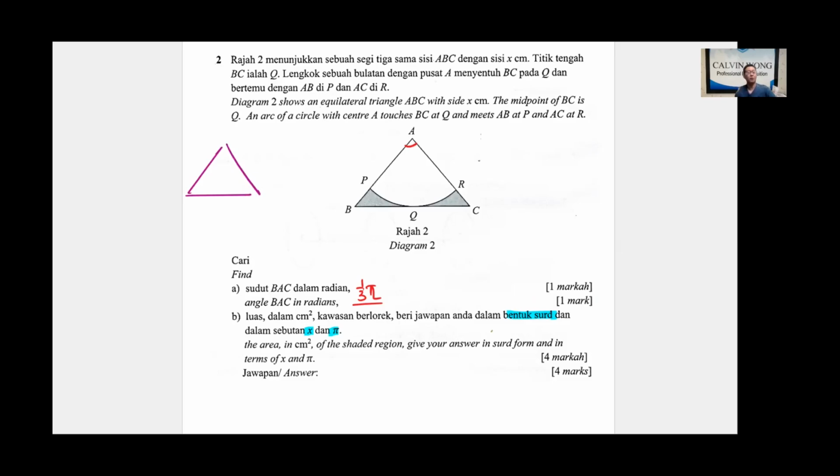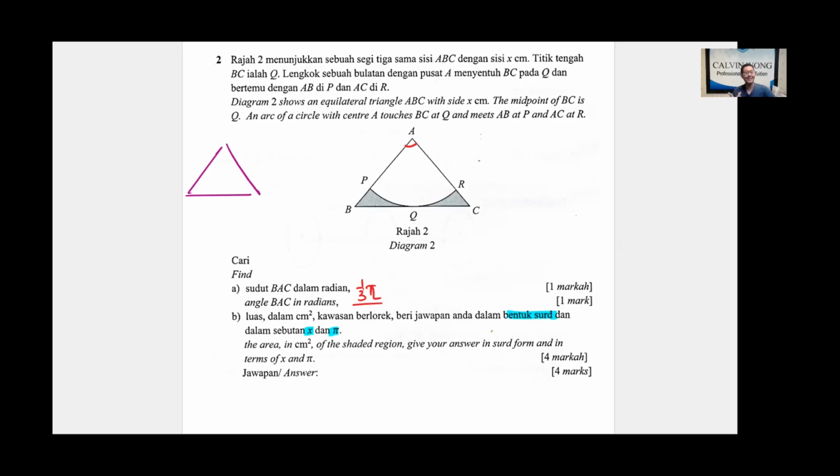The difficult part will be your calculation. If you are not used to doing manual calculation, if you are used to pressing the calculator, this will be your problem because they don't give you numbers. The trend now is more on concept, less on pressing the calculator.